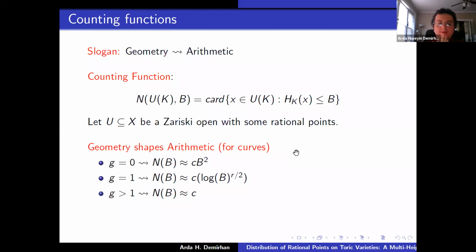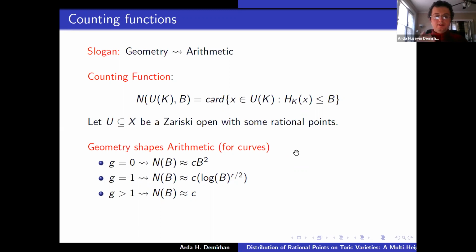The thing is, the asymptotic behavior of this function can be analyzed in many different ways. Like we can take the algorithmic point of view, and it turns out that it is a very difficult, in fact undecidable problem. But luckily, we are interested more in algebraic geometry, and what we have is that the asymptotic behavior of the counting function depends on the geometry of the algebraic variety.